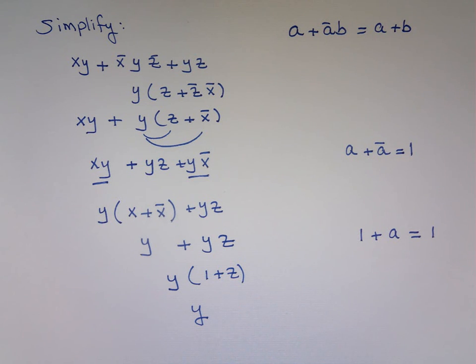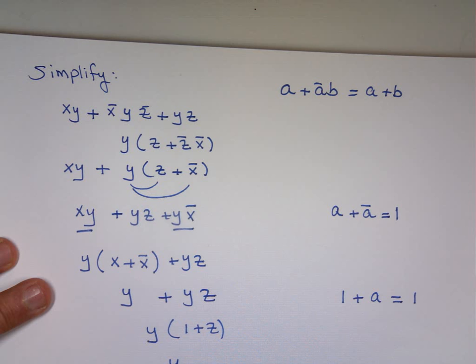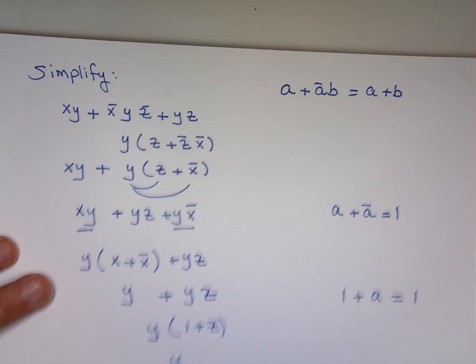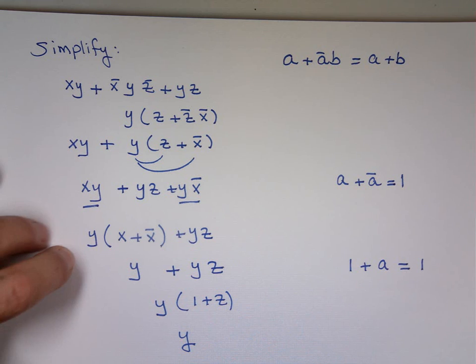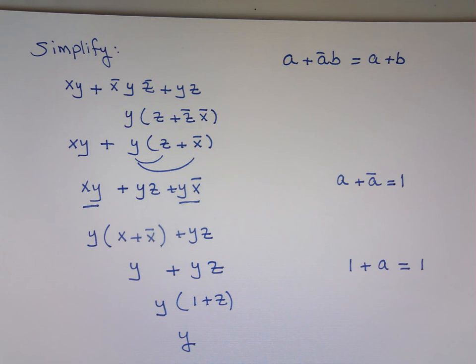Gee, what does that top one say? The a plus a bar? A plus a bar b is equal to a plus b. So when I take a problem that says simplify, we can simplify it. I don't know if that problem is completely simplified already or not.